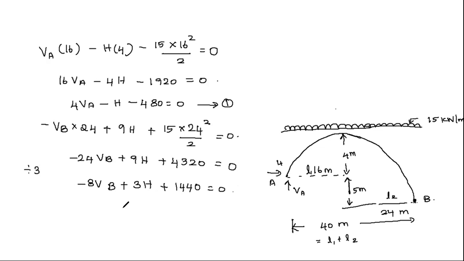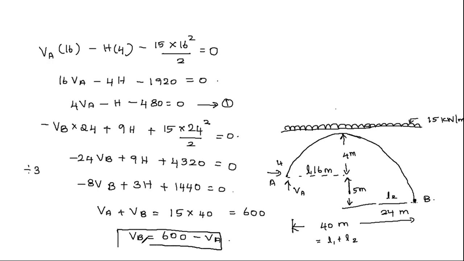So we will have VA plus VB, that is the total load. VA plus VB is equal to 15 into 40, which is equal to 600. Therefore, VB is equal to 600 minus VA. We have one more equation to substitute. So substitute this VB value in equation number 2.